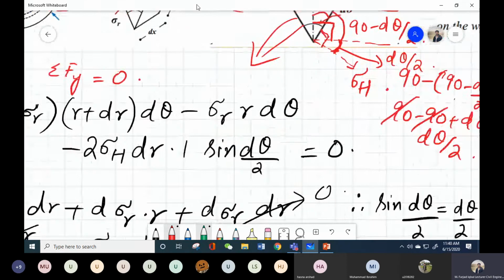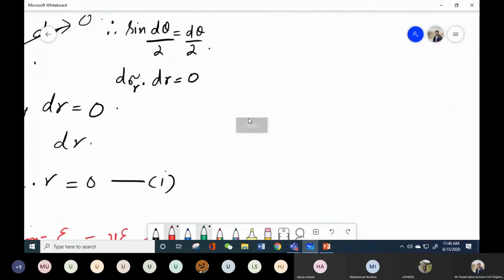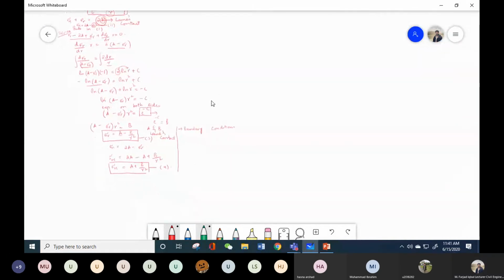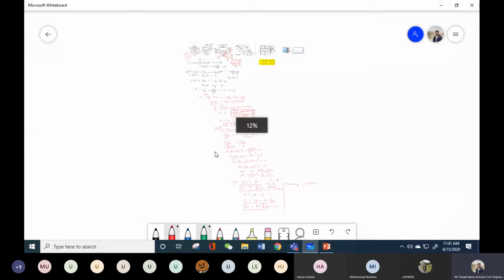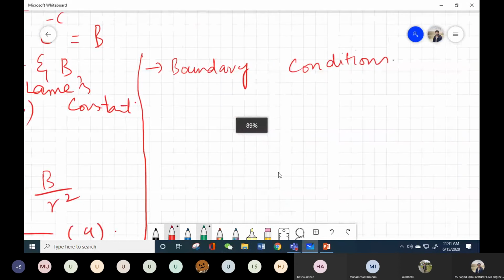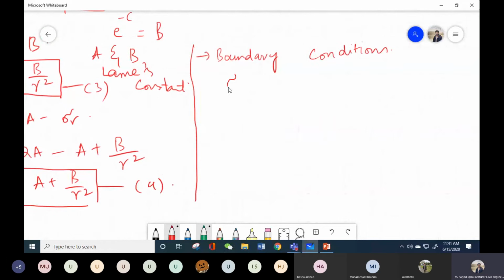So let's do that. The boundary conditions are that the radial stress is equal to minus pi at r equal to ri, and the second condition is that the radial stress is equal to minus p naught at r equal to r naught.